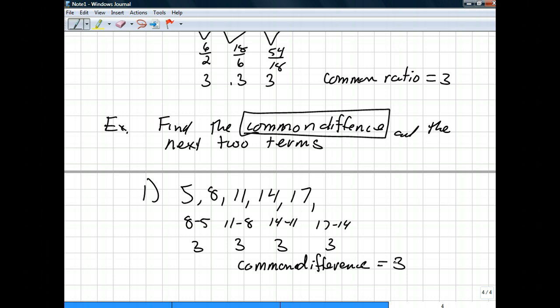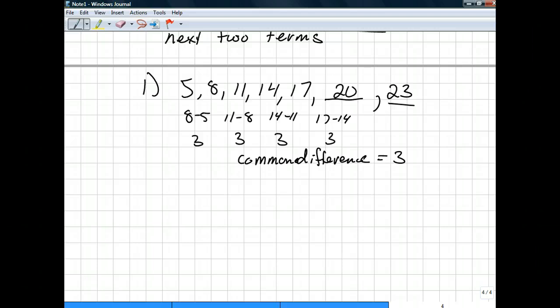And so to find the next two terms, I just add 3. So 17 plus 3 is 20, and 20 plus 3 gives me 23. So 20 and 23 are the next two terms in the sequence.